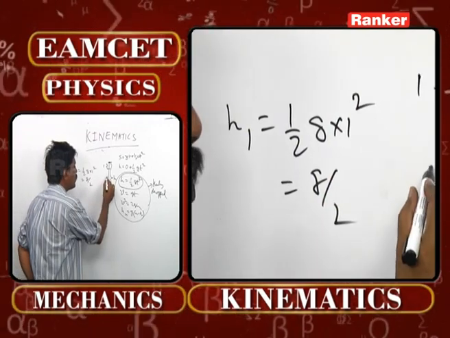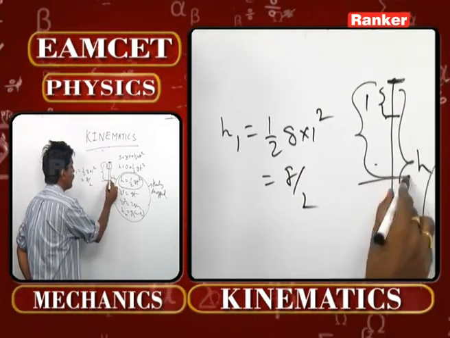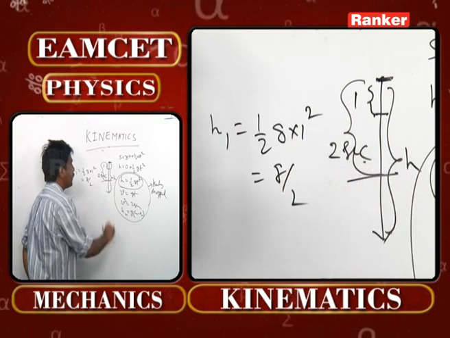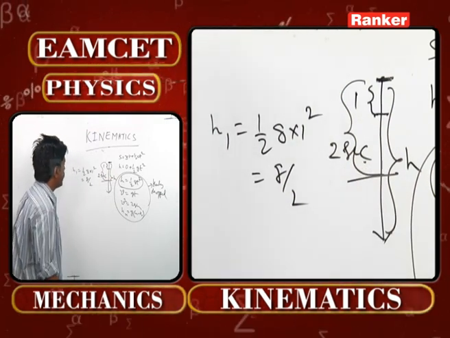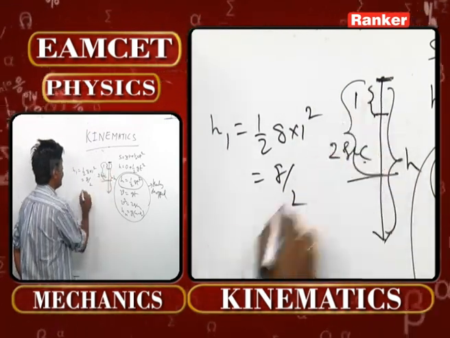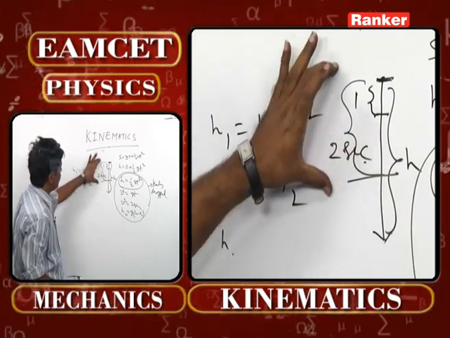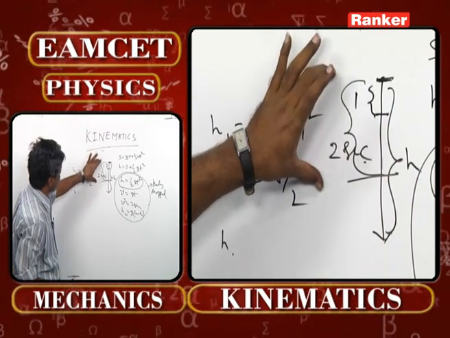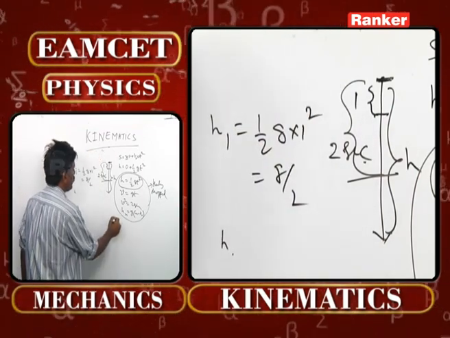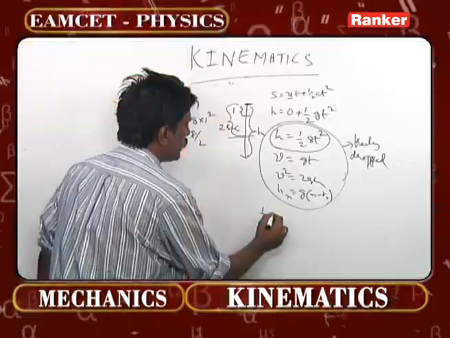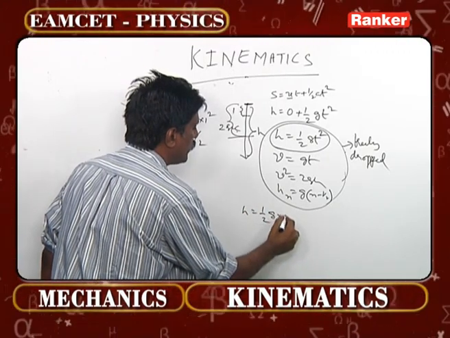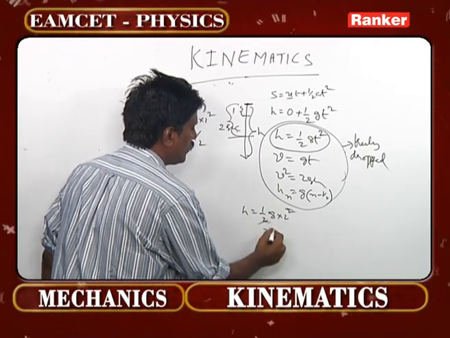In the first 2 seconds, it will have a displacement of h. Suppose this total displacement is taken, then h is equal to half g into 2 square, that would be equal to 2g.